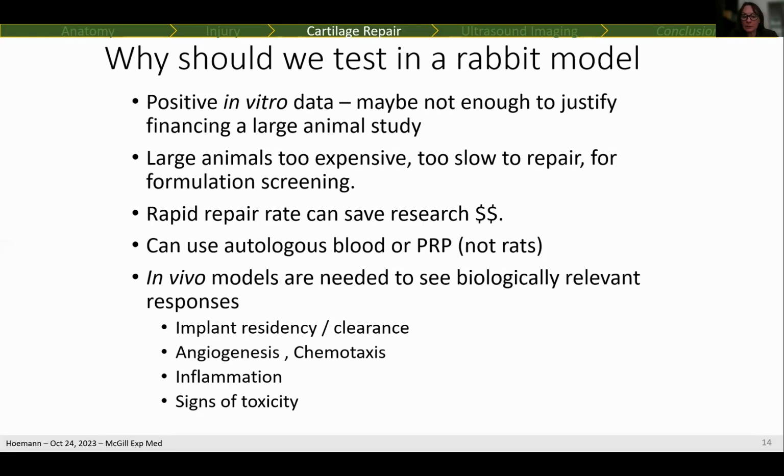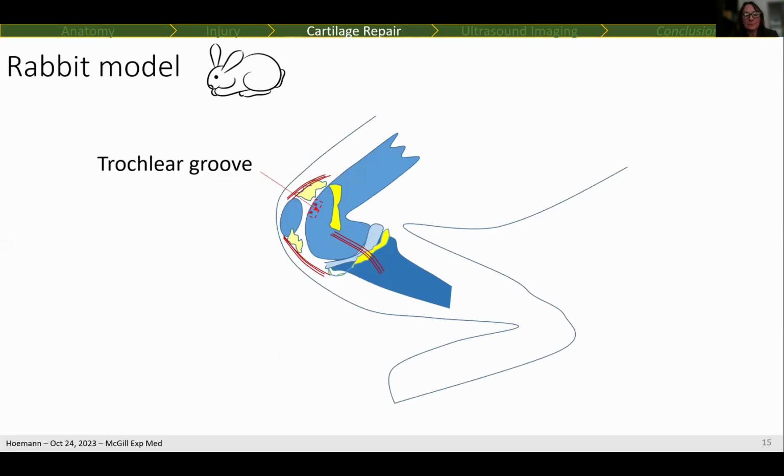And you can use autologous blood if you want to use a blood product, or PRP, platelet-rich plasma. And you need in vivo to see biologically relevant wound repair responses, including implant residency, clearance, angiogenesis, chemotaxis, inflammation, and signs of toxicity that might involve peripheral organs like the liver and the kidney and things like that.